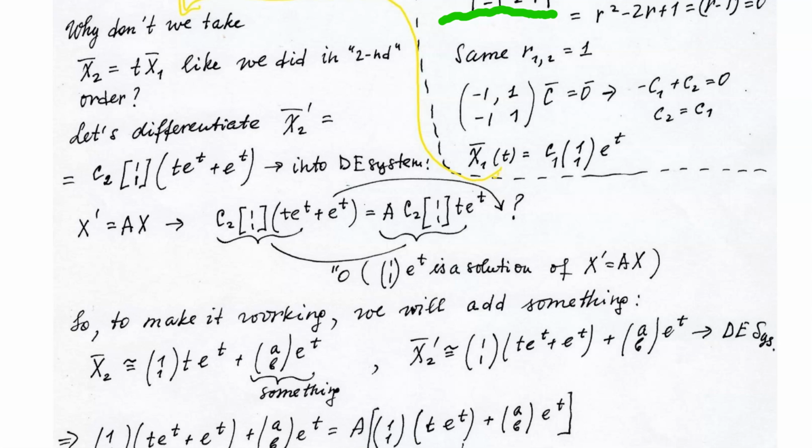If we cancel out t and the exponential factor, we get the equation A minus r I times the vector 1, 1, and 1, 1 is an eigenvector, so it's a solution and it turns this system into a true statement. That's why these two terms are equal to each other.